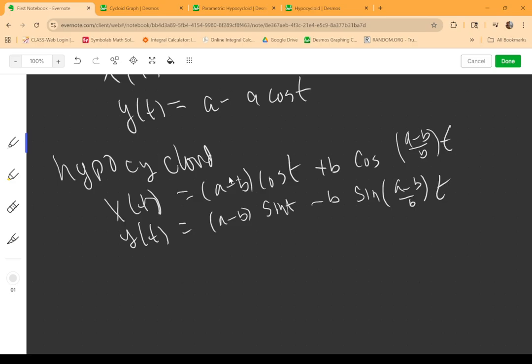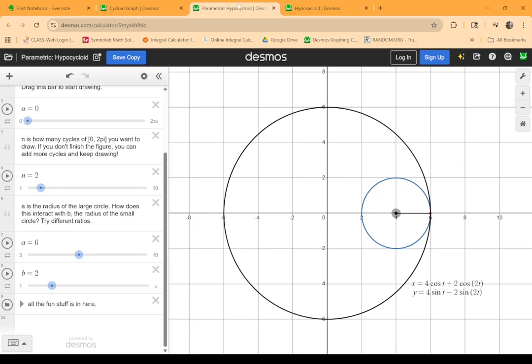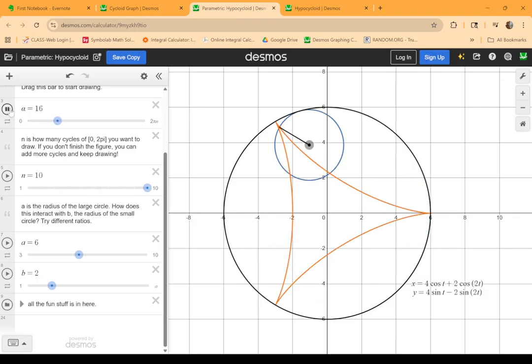Instead of the wheel traveling on the ground, think of the smaller circle traveling inside a circle here. And if we trace out the path that it takes, let me slow it down here.